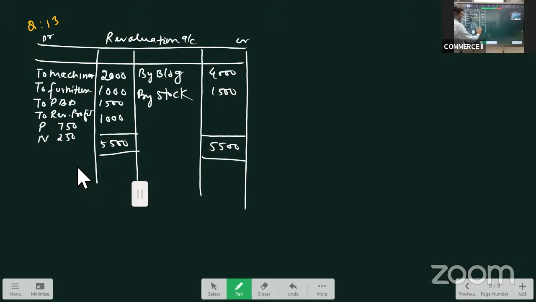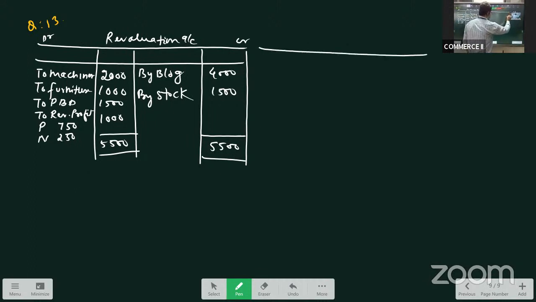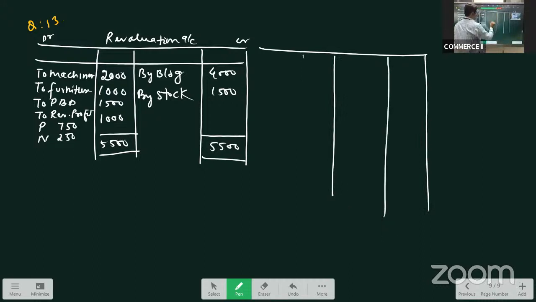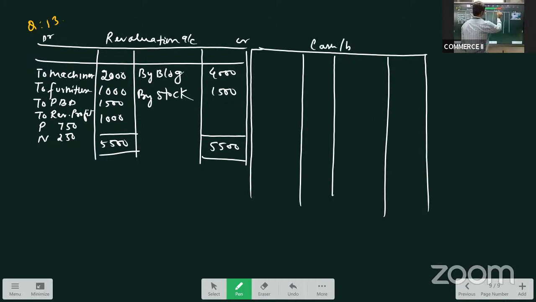Now let us see cash account or bank account.